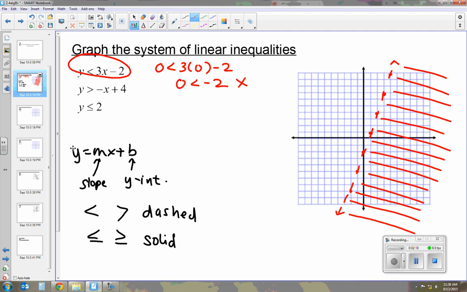Okay, let's do the next one. Y is greater than -x plus 4, so our y-intercept is at 4. And we have a negative slope of 1. And since it is greater than, then we are going to make a dashed line again.